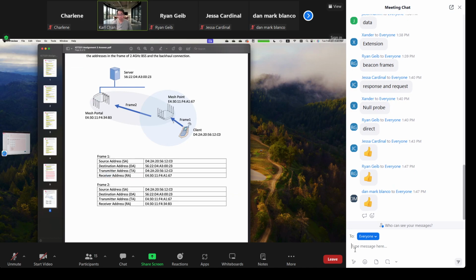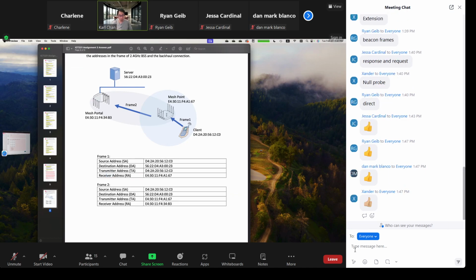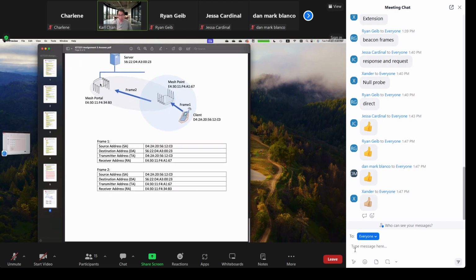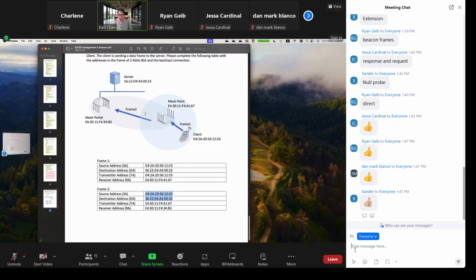Okay, and then the mesh point forwards this to the mesh portal. Basically the source address and the destination address are the same as in frame 1. In frame 2, the destination and source are the same. Why? Because this is a single transmission actually, but we include forwarding in the middle.